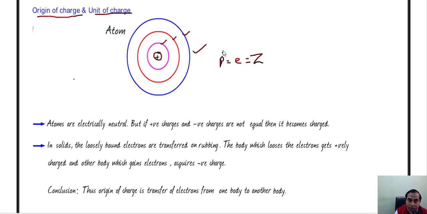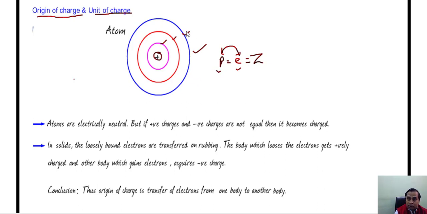You already know that the amount of charge possessed by one electron is equal to the amount of charge possessed by one proton. That's the reason that as much positive charge as the atom has, the same atom has the same amount of negative charge. That's the reason the atom is electrically neutral.